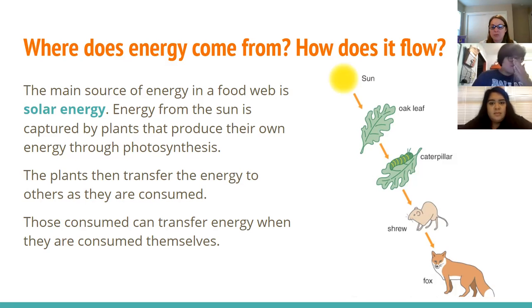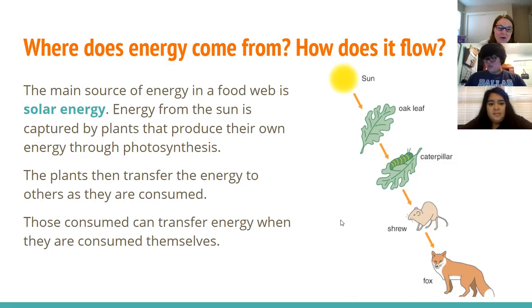We're not going to go into photosynthesis in depth. That would be a completely different lesson. But you just need to know that the plants use the sun to make the energy. And that's where the energy in the food web comes from. All of the energy in the food web comes from the sun. If you don't have the sun, you don't have a food web. You don't have people that are able to eat because of the energy that is provided.